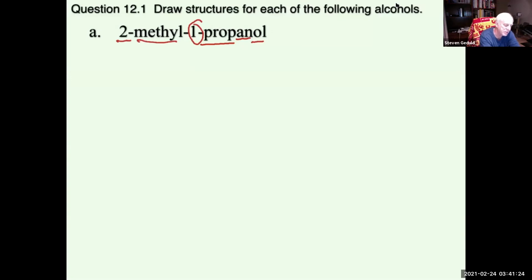You have 3 carbons. So let's put 3 carbons. We got an OH group at number 1. Let's make this number 1 over here, which is fine. So OH, all single bonds. And then at number 2, we have a methyl group.